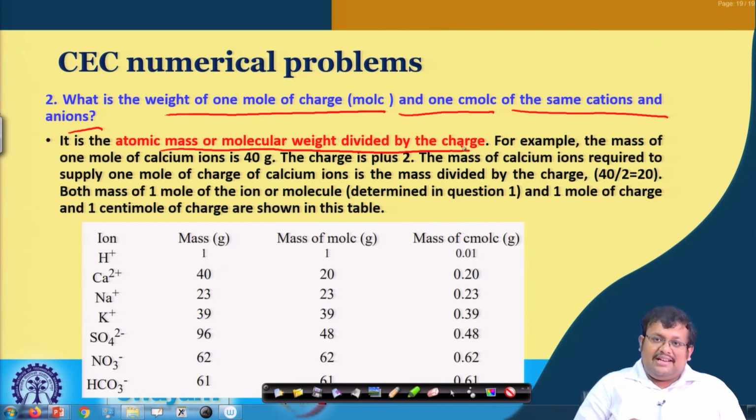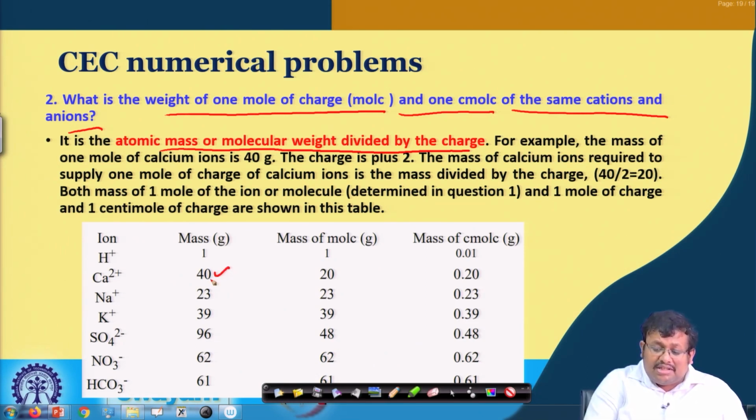So, to calculate it, we have to divide the molecular weight by the charge or the valency to get 1 mole of charge. For example, the mass of 1 mole of calcium is 40 grams.